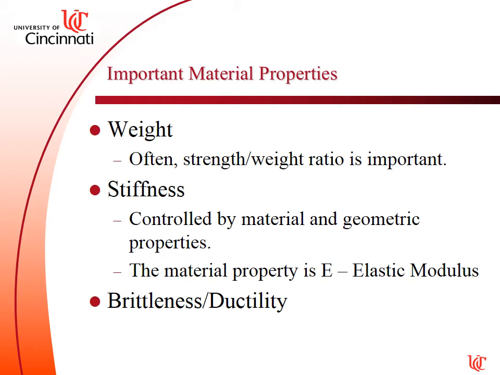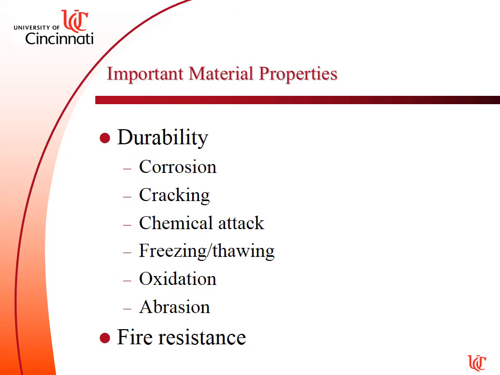In a manufacturing realm, they might be able to accept the risk of a more brittle material. In the civil engineering, construction management, and architectural engineering realm, we would not typically want to accept more brittle materials. We like ductile materials. So again, there are trade-offs we have to be concerned about.